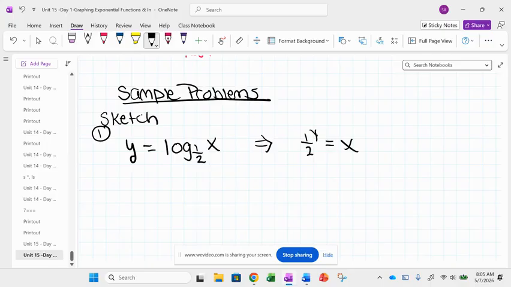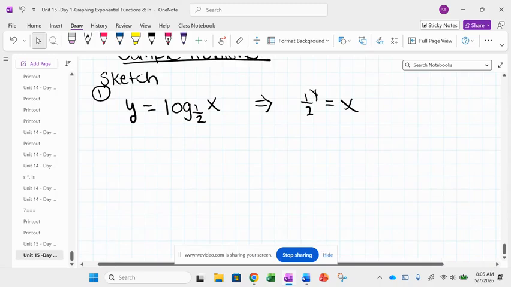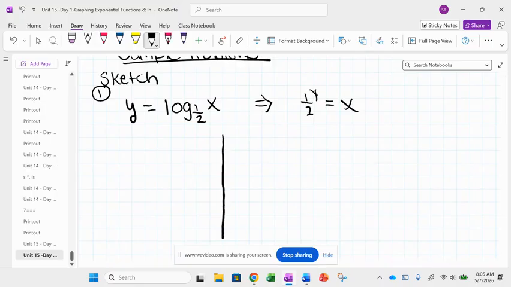Because x and y have been switched, right? So because this is an inverse, has it shifted at all? Nope, it has not shifted at all. So we're going to say my key point is the point 1, 0. Do we have a horizontal asymptote here? Nope, we're going to have a vertical asymptote, 1 unit to the left of the key point.